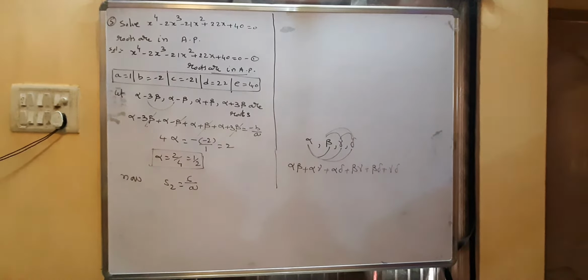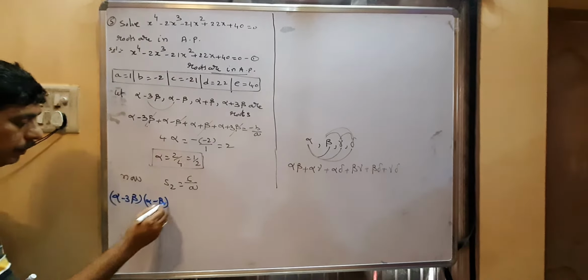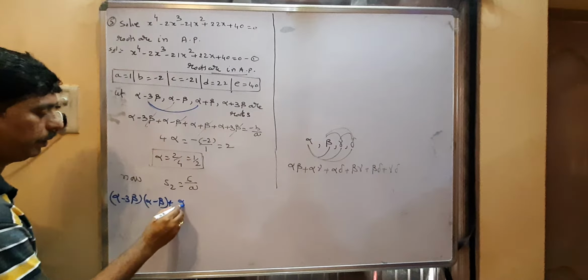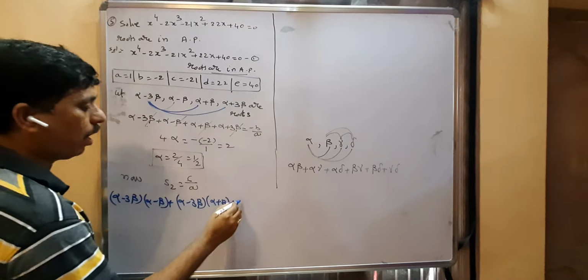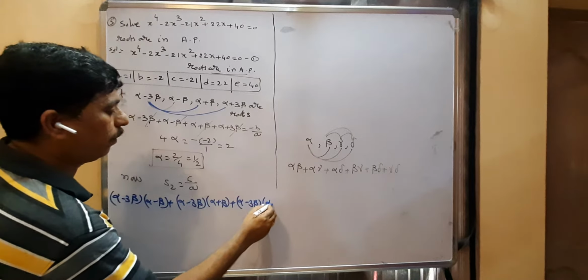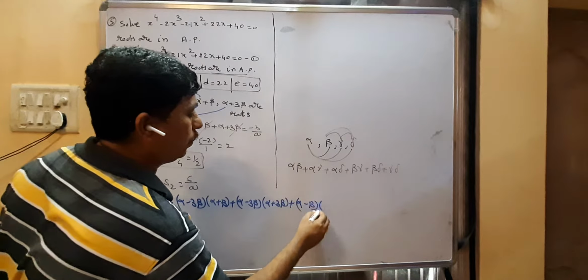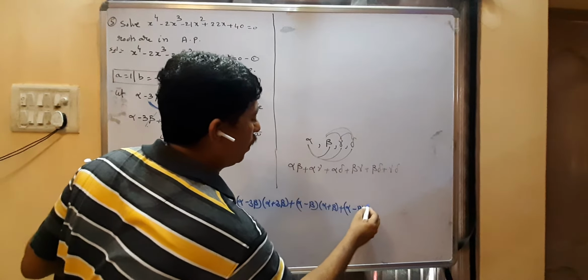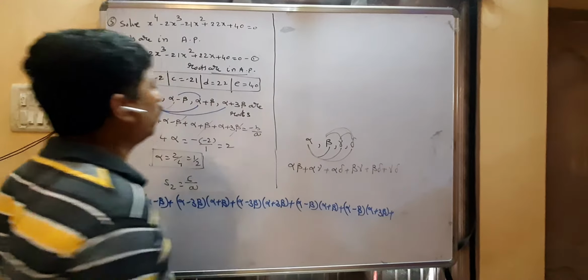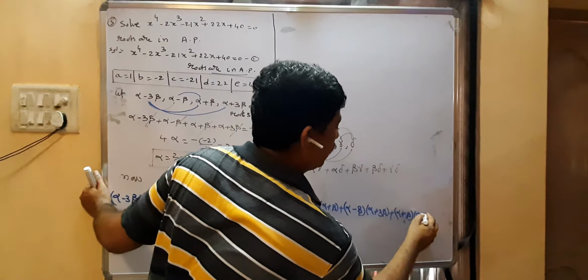First one into second one: alpha minus 3 beta into alpha minus beta, plus first one into third one: alpha minus 3 beta into alpha plus beta, plus first one into fourth one: alpha minus 3 beta into alpha plus 3 beta, plus second one into third one: alpha minus beta into alpha plus beta, plus second one into fourth one: alpha minus beta into alpha plus 3 beta, plus third one into fourth one: alpha plus beta into alpha plus 3 beta.